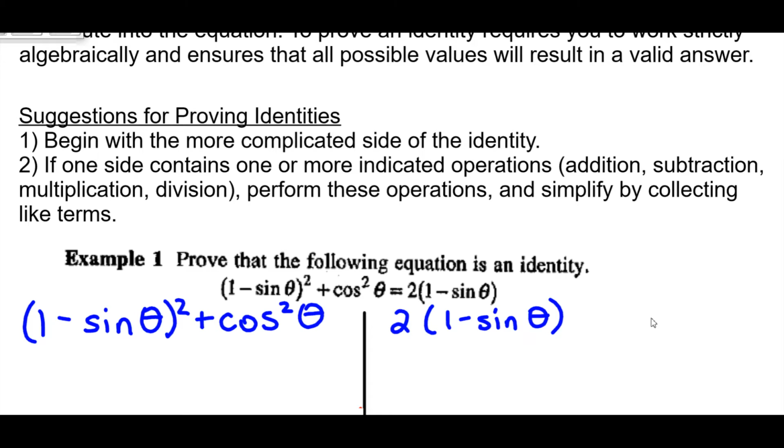So always start with the more complicated side of the identity. Number 2 is if one side contains one or more indicated operations, for example addition, subtraction, multiplication, or division, perform these operations and then simplify by collecting like terms. By doing that, we save a step, and it usually works out some of the more complicated things to be a little bit easier.